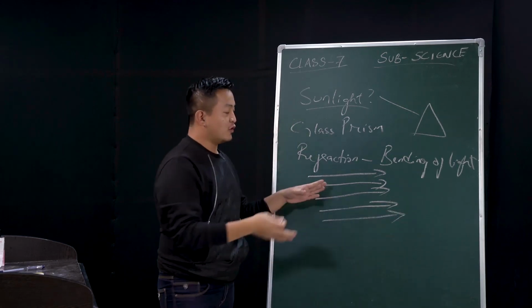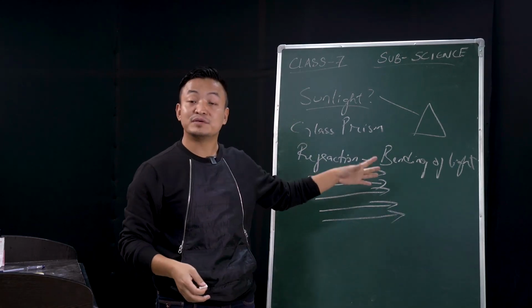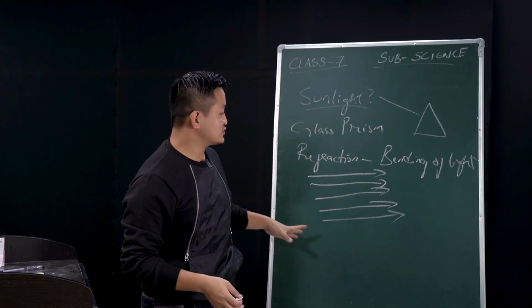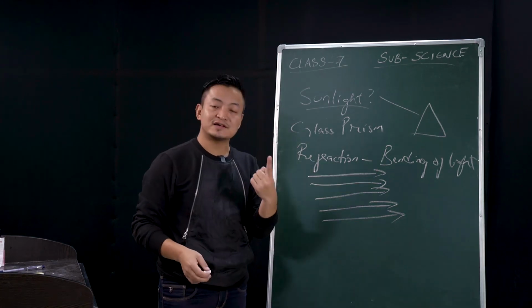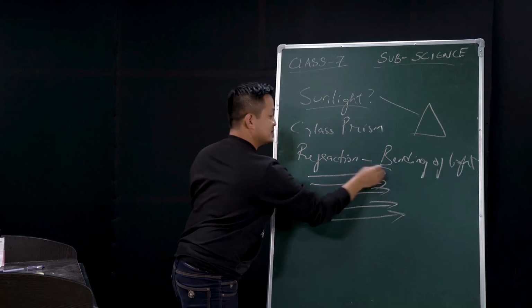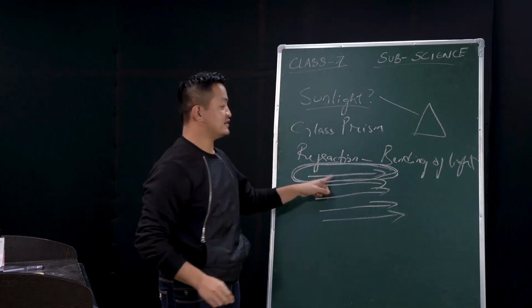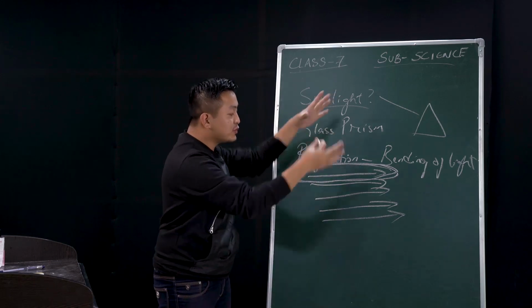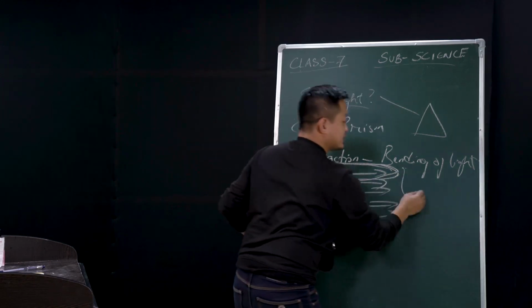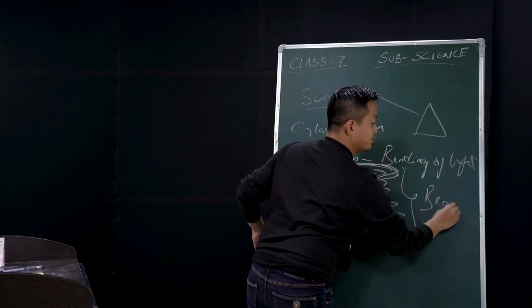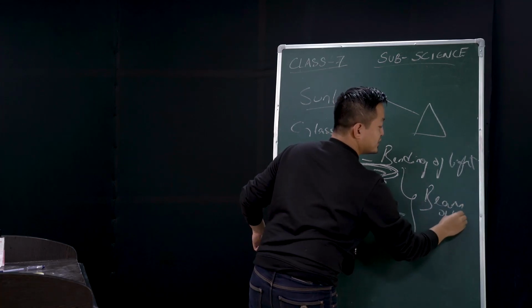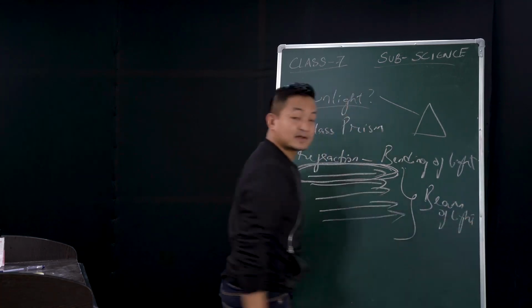So a group of rays of light is known as a beam of light. Just one single light ray is just one single ray. But a group of these rays is known as a beam of light. Clear?